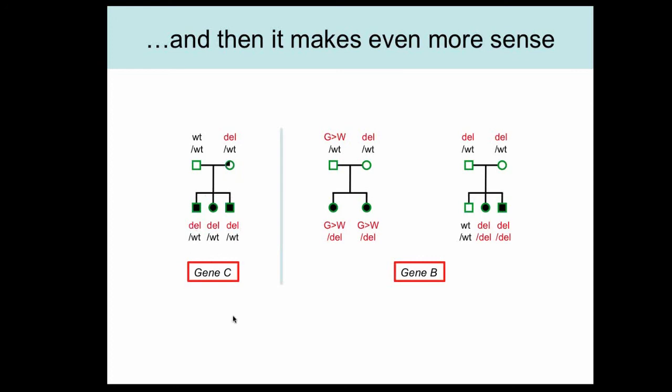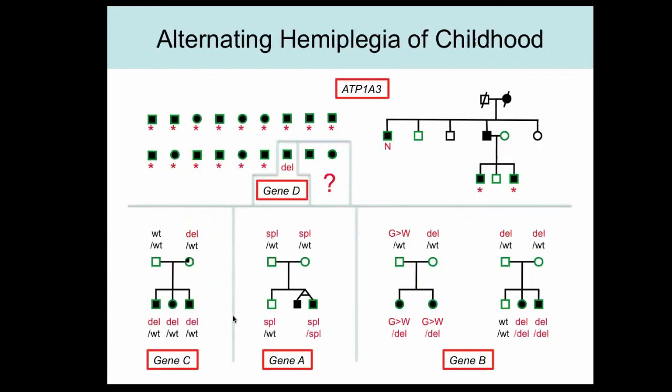So to summarize, for AHC, we went from an initial situation with 5 families and 18 sporadic cases with no explanations, and now we have a whole series of pretty good, strong hypotheses for what is causing the disease in all these different families and sporadics.